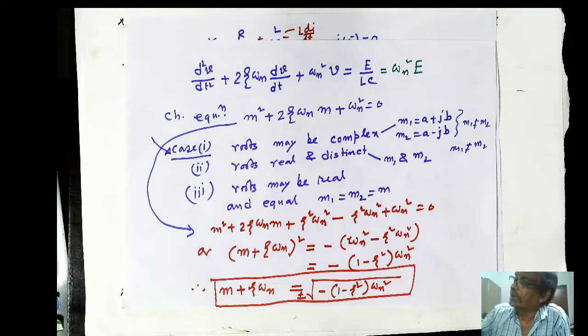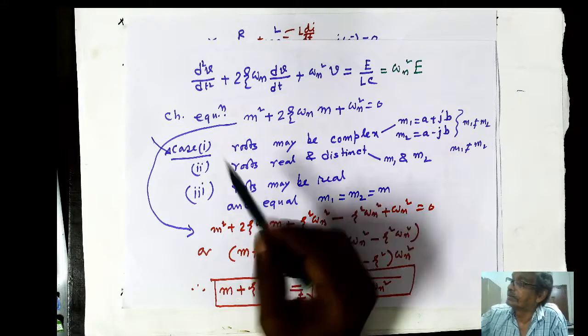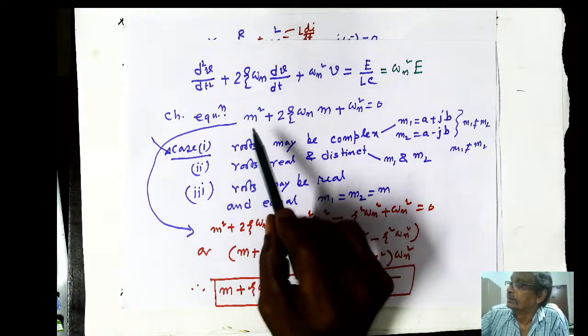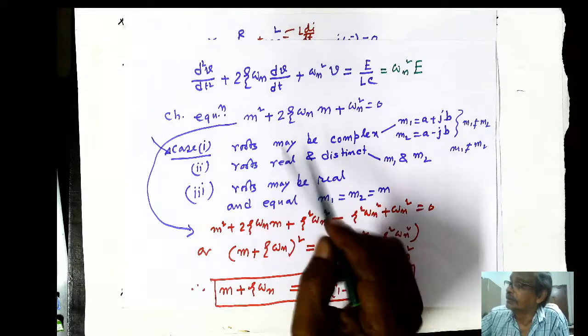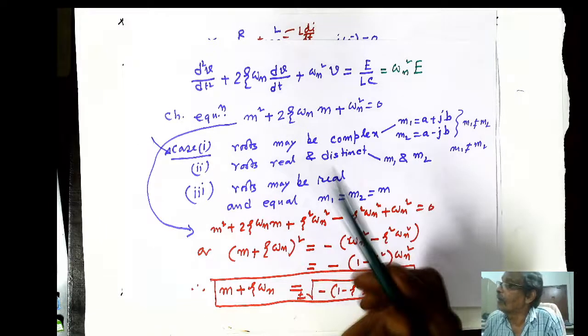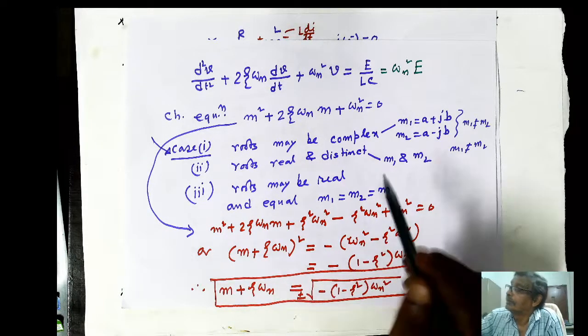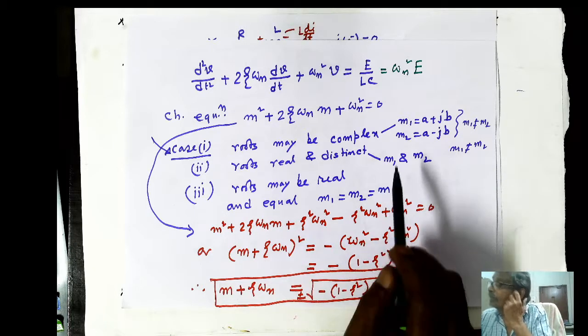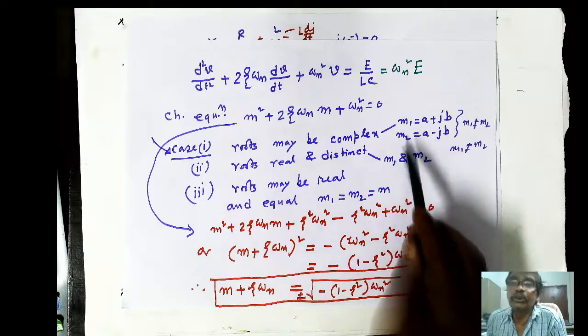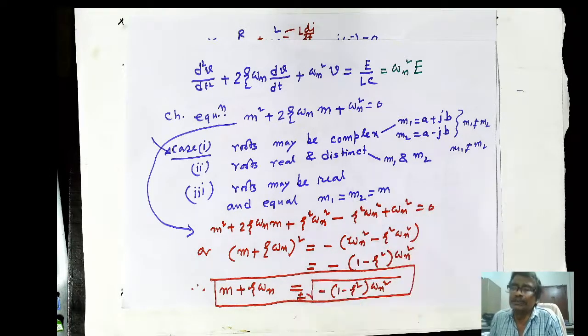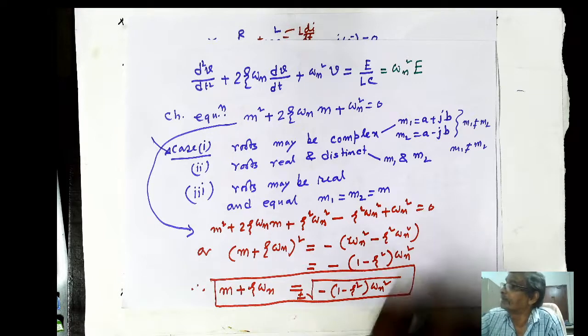Now there may be several situations. One situation is roots may be complex, or roots may be real and distinct, M1, M2. If roots are complex, if one root is A plus JB, you can easily see that the other root has to be its complex conjugate, A minus JB.